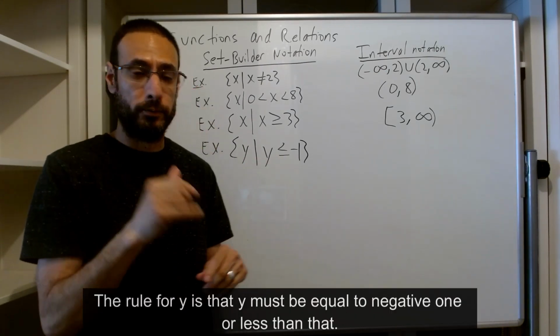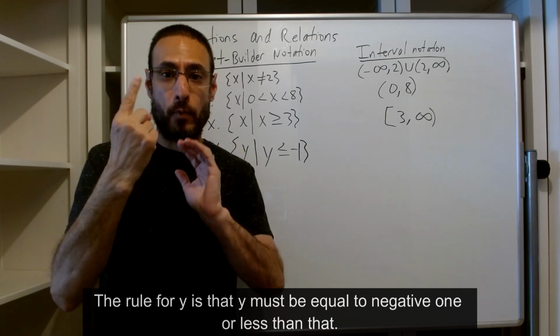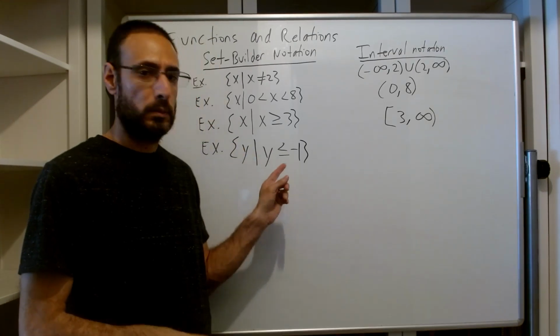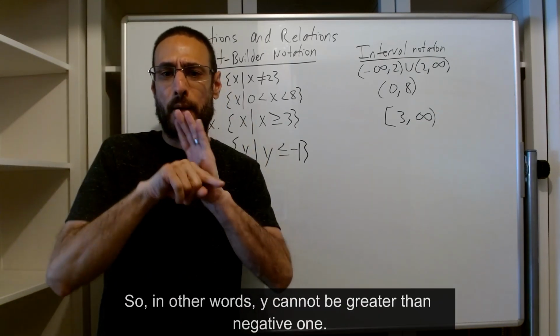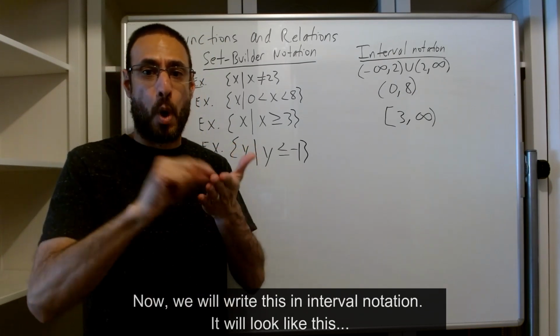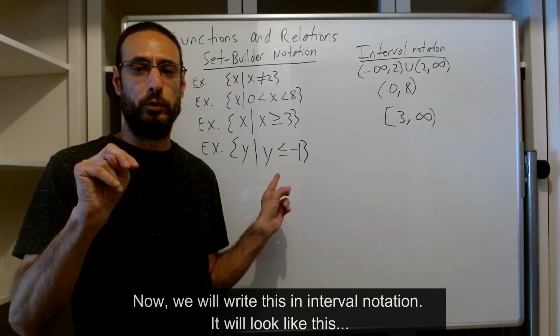The rule for y is that y must be equal to -1 or less than that. In other words, y cannot be greater than -1. Now, we will write this in interval notation.